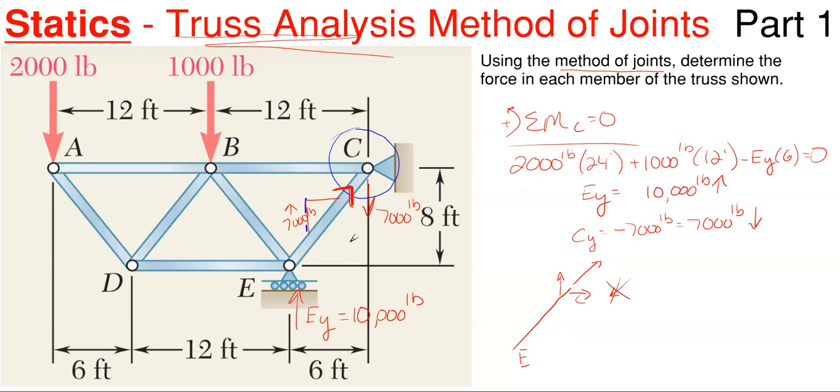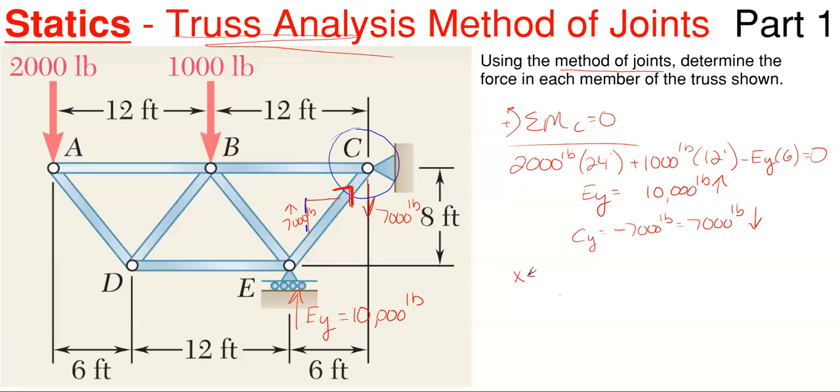Well, how do I find that X force for that diagonal? Anytime you have one of the components for a diagonal, you can find the other one. Since it is going to be an axial force, meaning that these two components have to go in the same direction as the diagonal, it's going to be relative to the slope of that diagonal via this ratio.